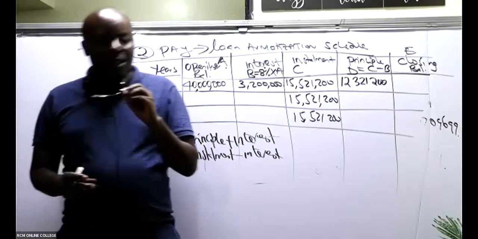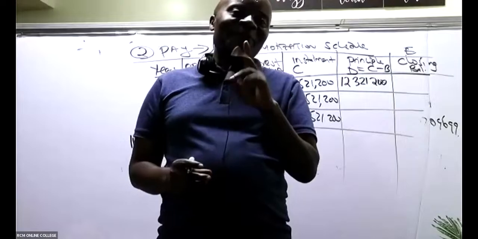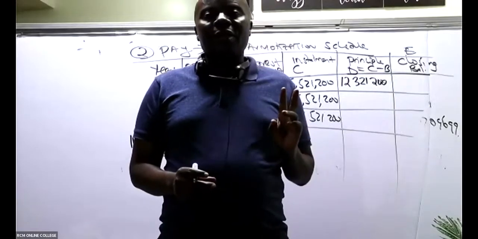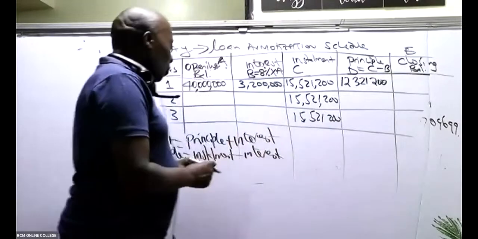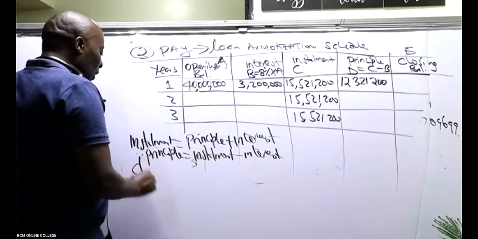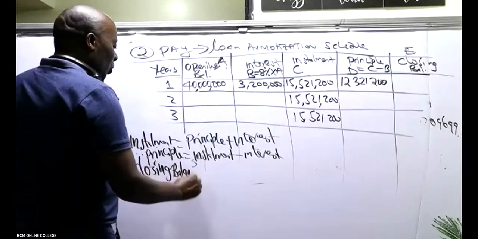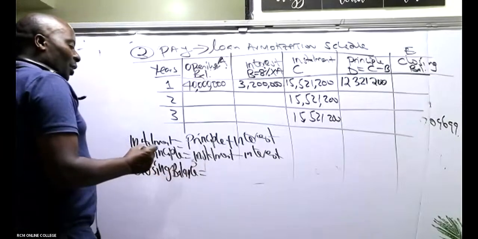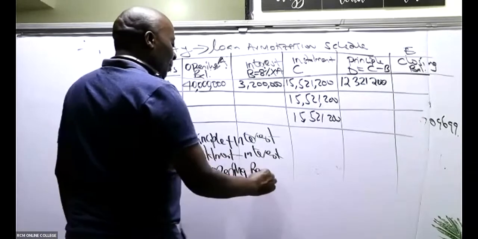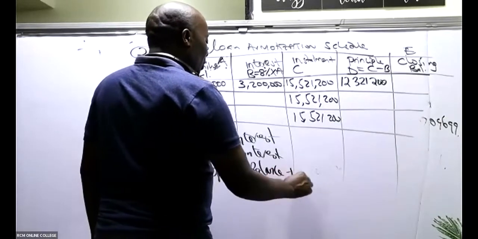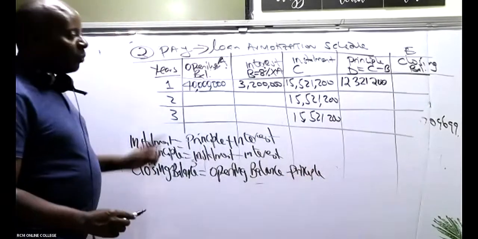Yeah, great. So in this case, remember, your balance can only be reduced by the principal payments, nothing else. So in short, to get the closing balance, we take the opening balance minus the principal.